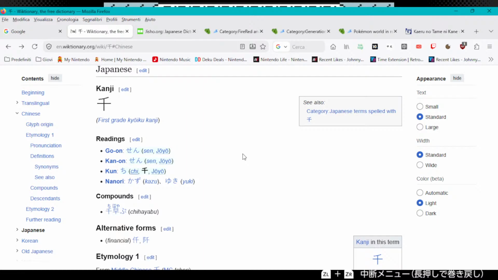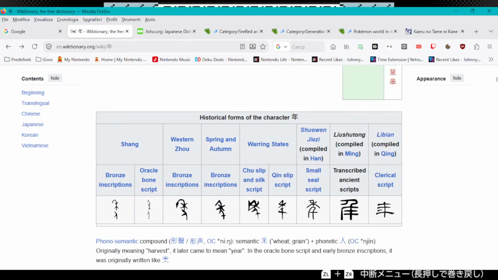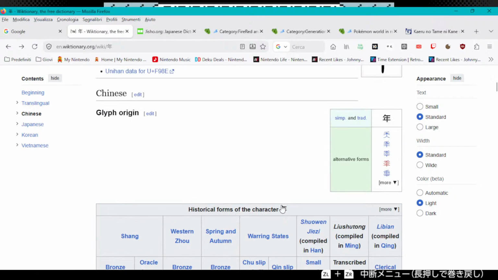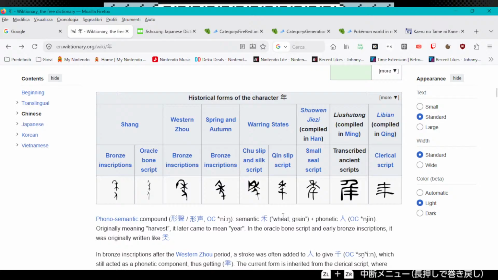But with that, we finally have all the elements. We can at last check out the kanji we want to study today, which is the one for ear, the one we found in game.